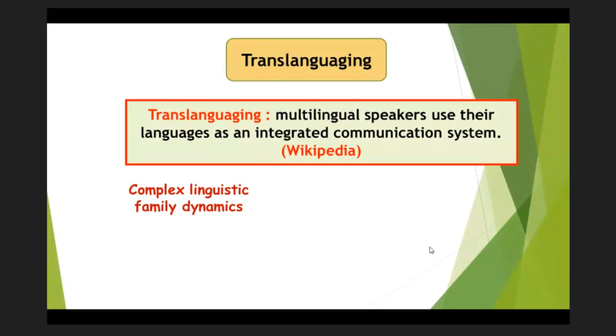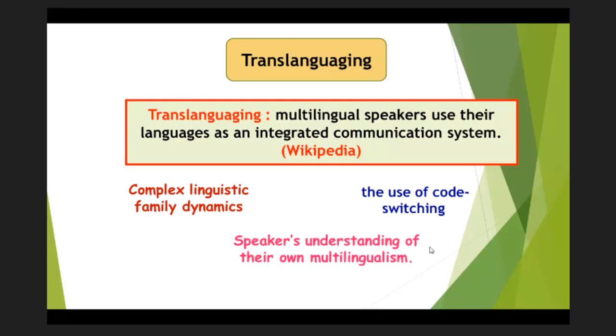It means that there are several languages used in the family, more than one. The second dimension is the use of code switching. And the last one is the speaker's comprehension of their own multilingualism.